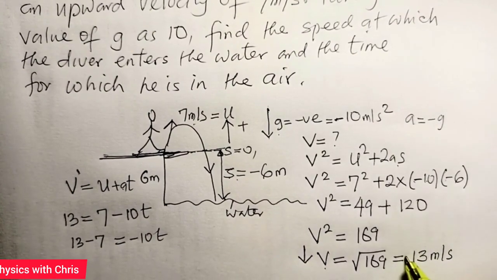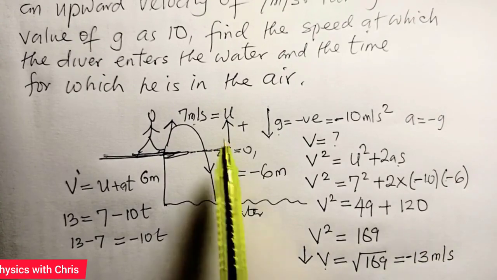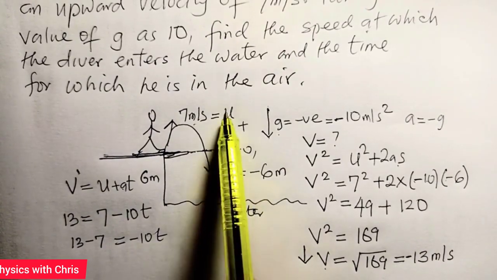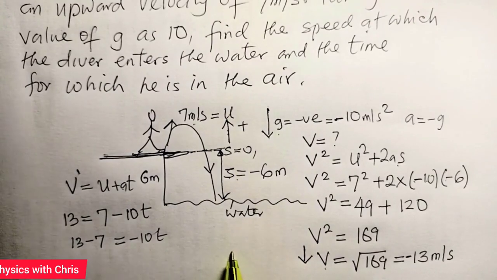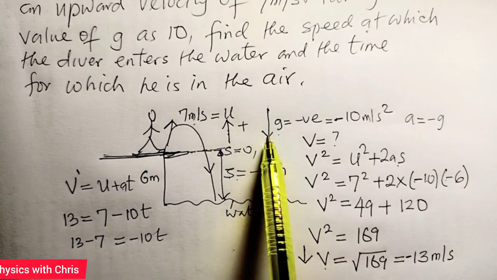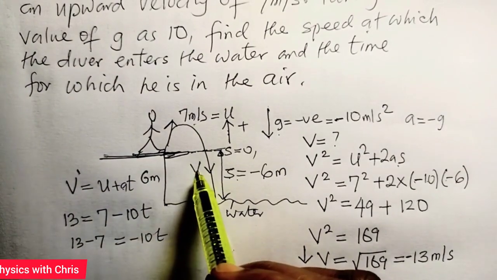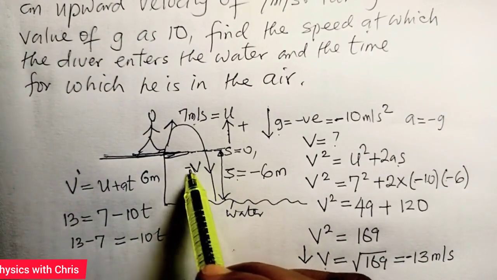We are supposed to accept, since we have taken positive direction or upward direction as positive, any direction downwards will be taken as negative. Because I took g as negative, my final velocity is acting this way, so it's going to be given a negative sign.